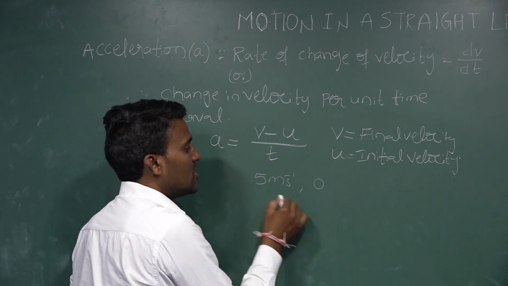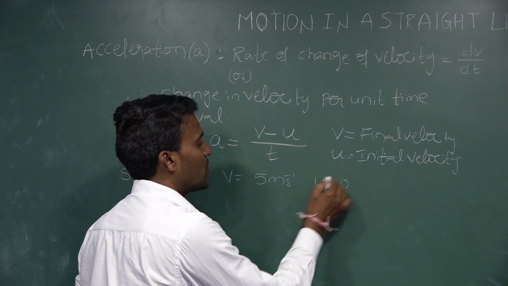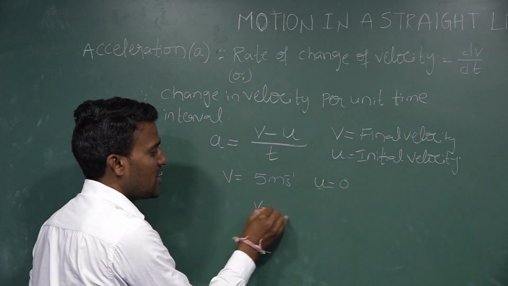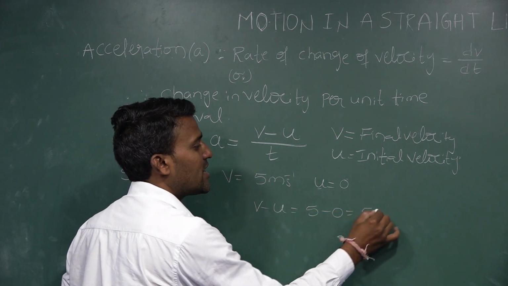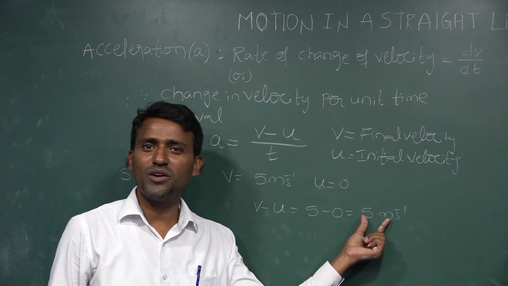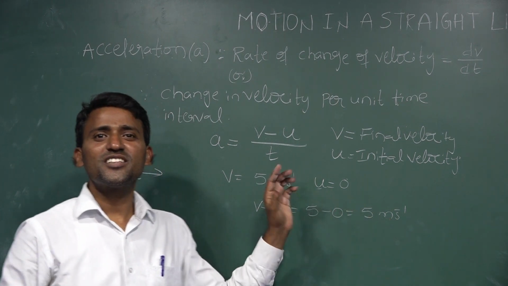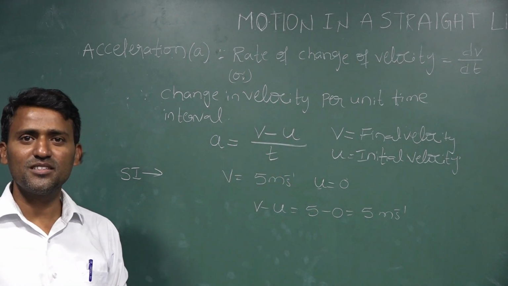So v equal to 5 meters per second, u is equal to 0. If I subtract, v minus u is equal to 5 minus 0, that is 5 meter per second. This 5 meter per second is nothing but a velocity only. So v minus u, the resultant, is the velocity.